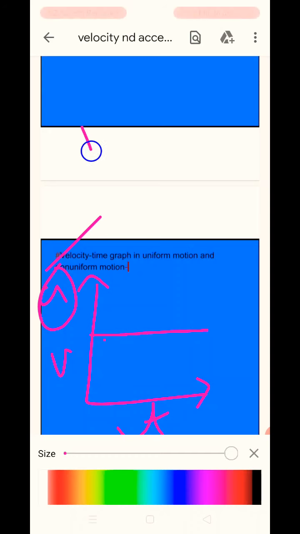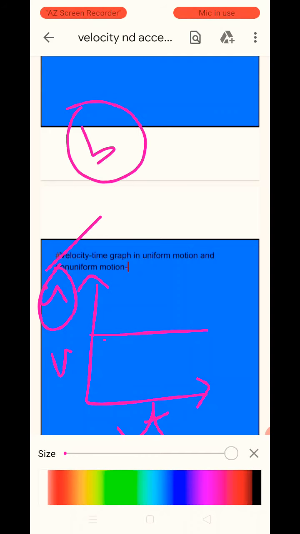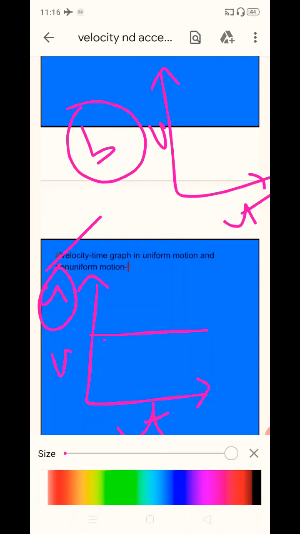Next, in non-uniform motion, the velocity time graph. In non-uniform motion, velocity will not be constant. Clear? Velocity will change in non-uniform motion. Velocity increases and decreases in equal time intervals. Clear?